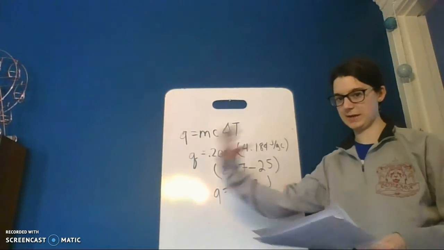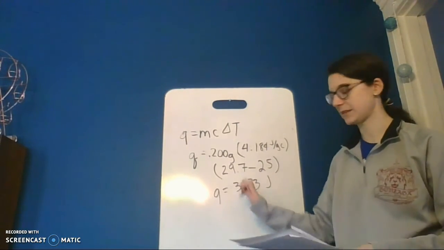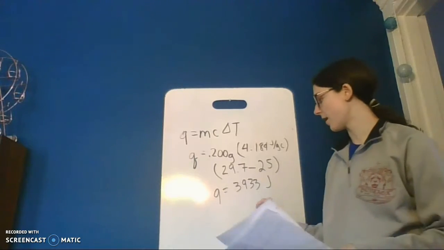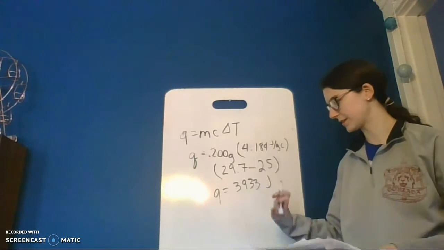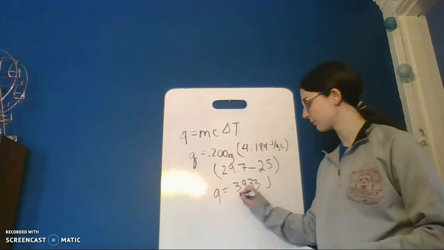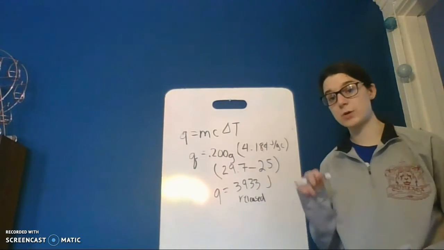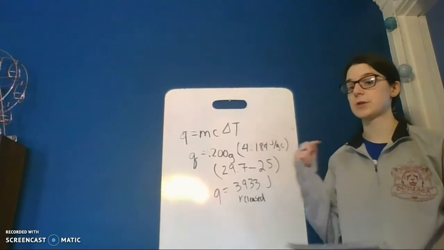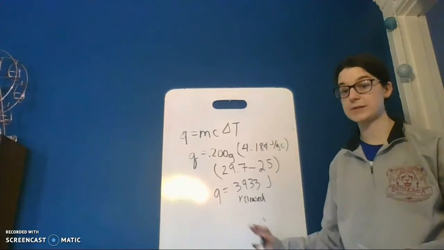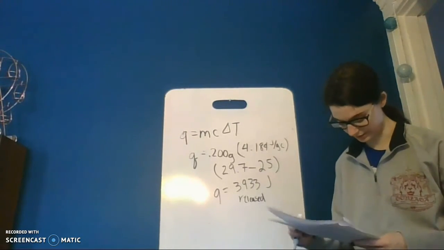Okay, since the temperature increased, that means that the system lost heat. So it put heat out to the surroundings. That's why there was a temperature increase of the water. So really 3,933 joules were released by the solution. So since the water temperature increased, that energy came from the system, the overall reaction that occurred.